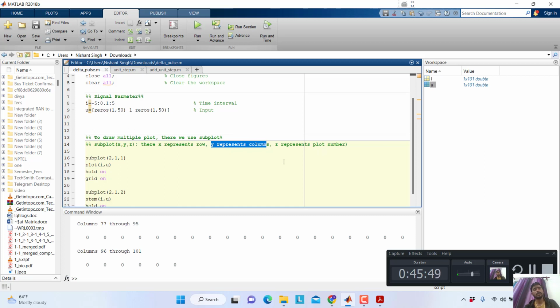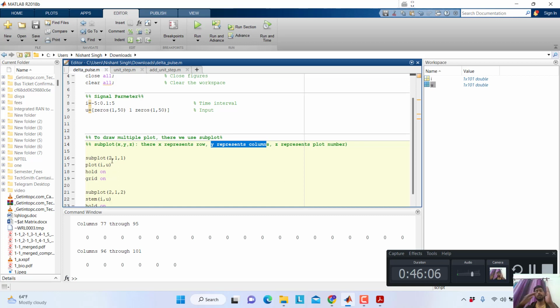Because we consider multiple plots, subplot 2 1 1 means 2 is the number of rows, so we have two rows, first row and second row. That is a column, right?